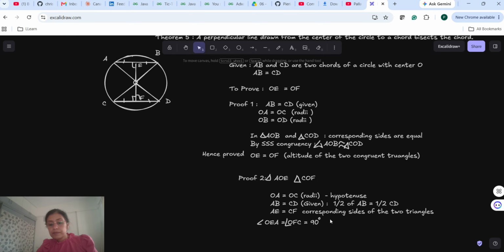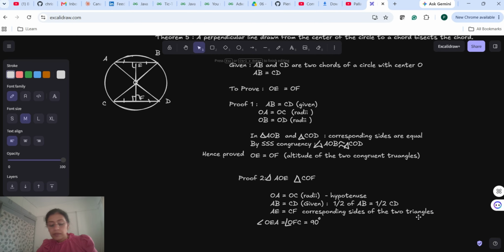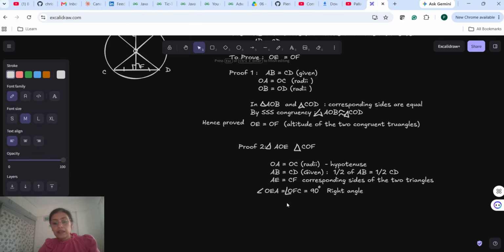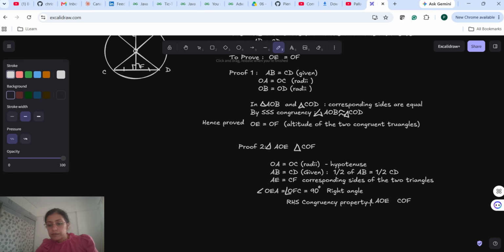And what is this? This is the right angle. So these two triangles are right angle triangles and they are satisfying the RHS congruency property. So with the RHS congruency property, these two triangles, AOE and COF, are congruent to each other.